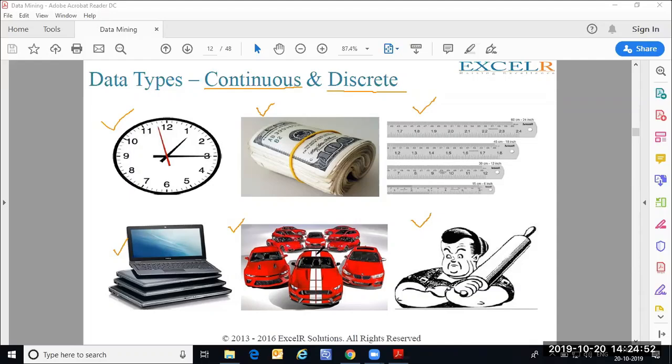Can you think of some examples of discrete data? Applications being valid or not, loan applications, any applications, perfectly fine. What else can you think of? Boolean values, true or false. The occupation, number of males and females, yes, of course.